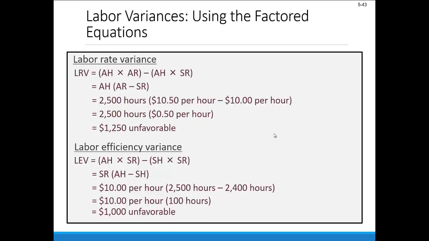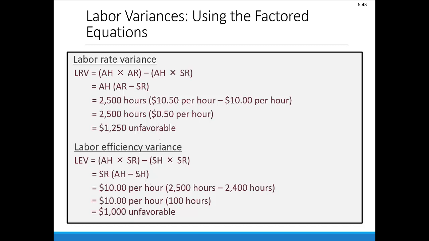Now we can also find these things with those factored equations. Our rate variance, we're again looking for the difference in the rates, or the R's. So we need our actual hours times the difference in those R's. Actual rate minus the standard rate. Here that's the 2,500 actual hours times the difference between the $10.50 actual rate per hour and the $10 standard rate per hour. 2,500 times 50 cents, there's our $1,250 unfavorable rate variance.